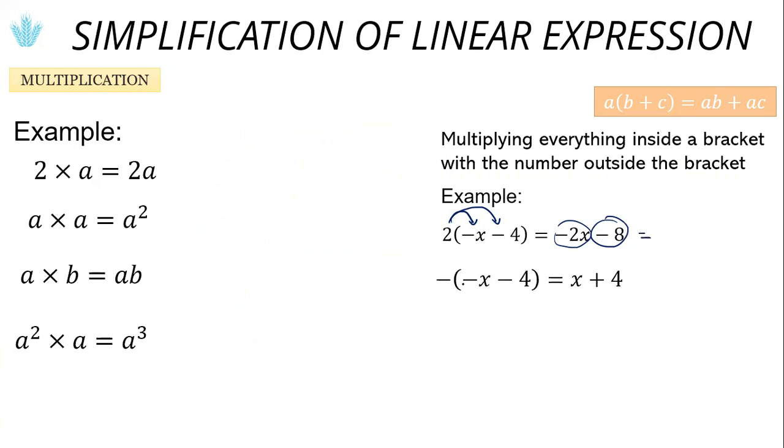Again, this one. If there is no sign, what does it mean? Negative with negative equals positive. So positive x. Negative with negative, positive 4 again. Or if you want to make it simple, put negative 1 there. If there is no sign, it means multiply by negative 1. Negative 1 times negative x, positive x. Negative 1 times negative 4 is positive 4. It's the same. This one is more confusing, the top one is easier. Minus with minus becomes positive. Minus with minus becomes positive as well.